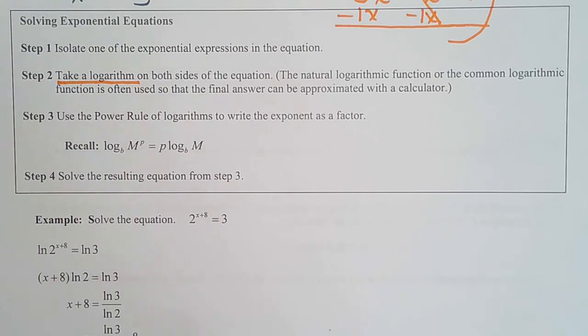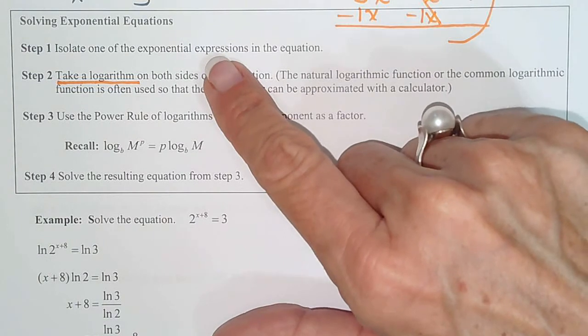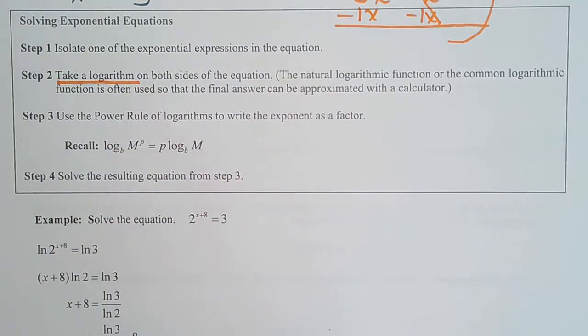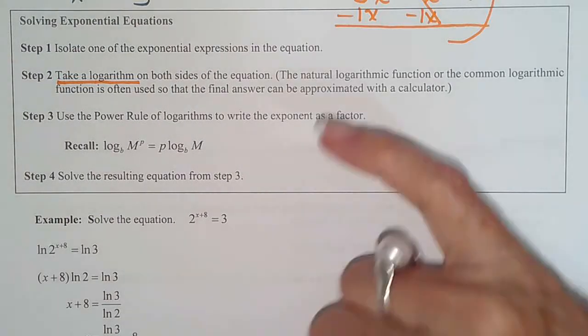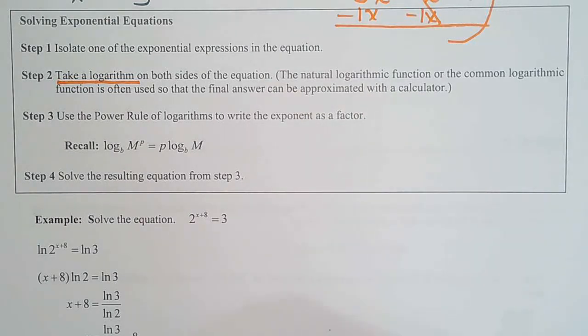To solve a log, we use loop and swoop and change it to an exponential. To solve an exponential where the bases aren't the same, we take the log of both sides. To me, that's just wild. If there's an e in the problem, we'll do the natural log of both sides. If there's no e, then we usually do log base 10.